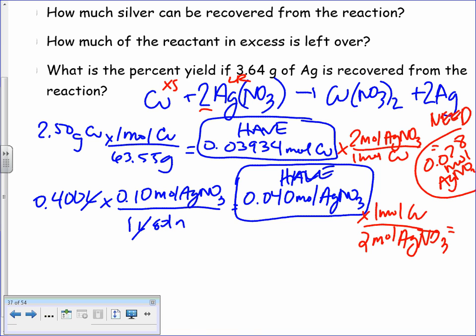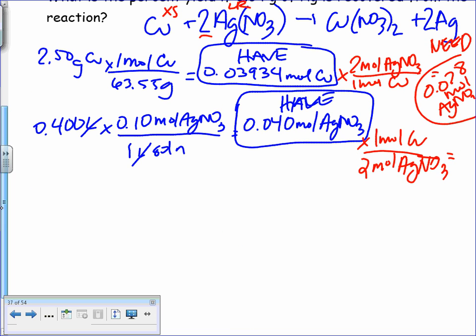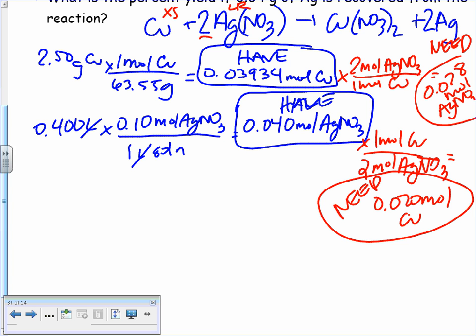So that tells me that I need, anybody? 0.020 moles of copper, and that's a need for copper. So then if you look, you only need 0.02 moles of copper. How much do you have of copper? A lot, right here, 0.0394. So you're comparing copper to copper. So you have a lot more. So you're like, oh yeah, I got plenty of that one.